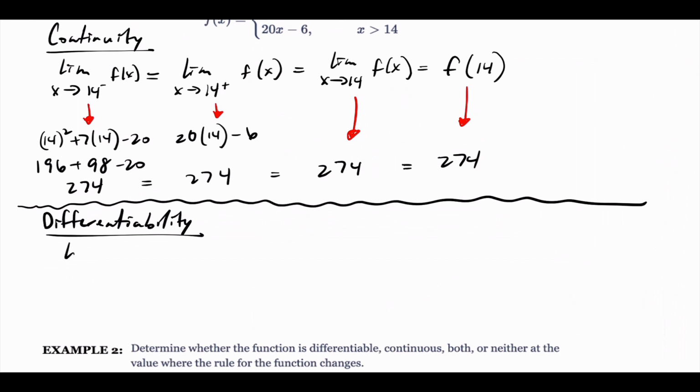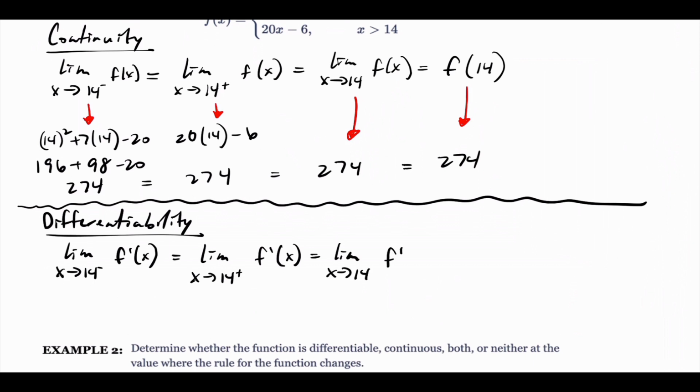So we said the limit as x approaches 14 from the left for f prime should equal the limit as x approaches 14 from the right for f prime, which is equal to the limit as x approaches 14 for f prime, which is equal to f prime of 14.